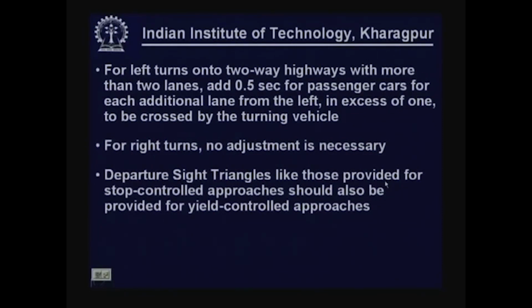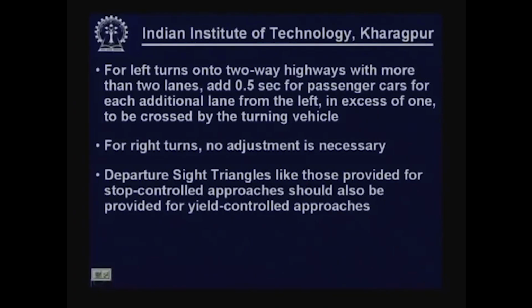Now, for left turns on a two-way highway with more than 2 lanes, 0.5 second should be added if the design vehicle is a passenger car, for each additional lane in excess of 1 that is to be crossed by the turning vehicle. I have mentioned that the values mentioned earlier, 8 seconds to 12 seconds, are for a 2-lane highway.